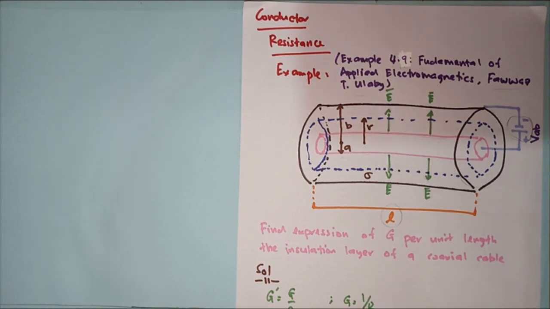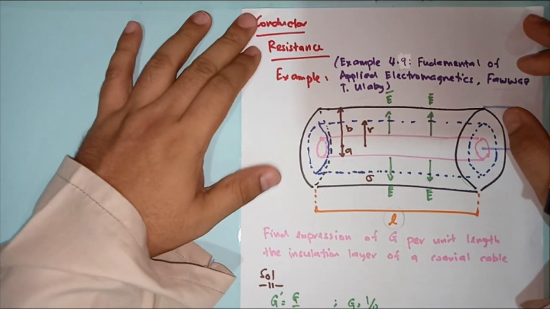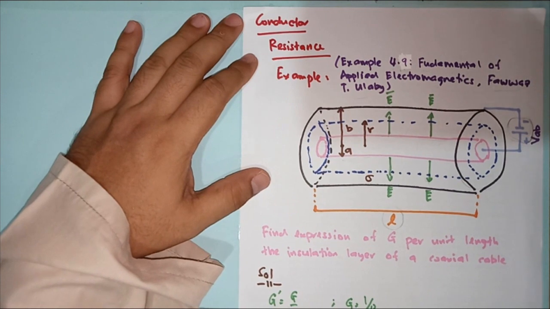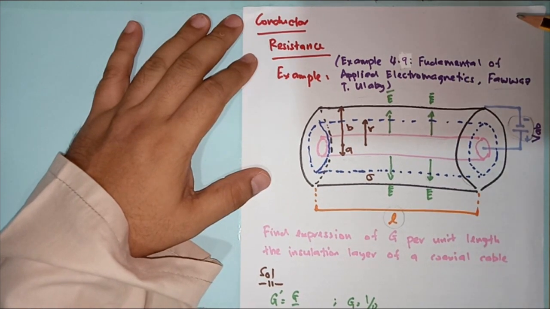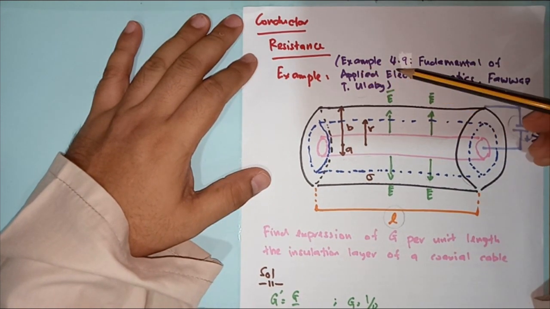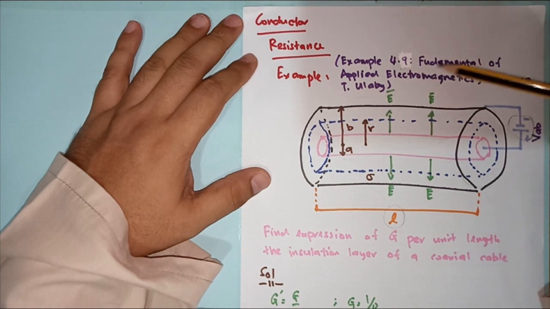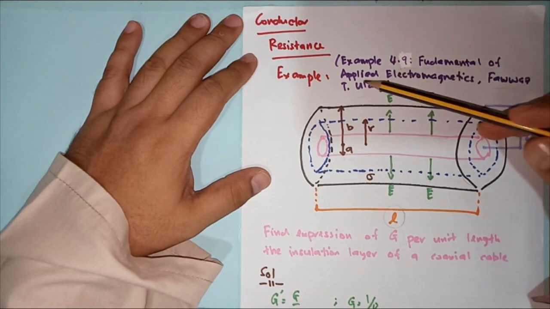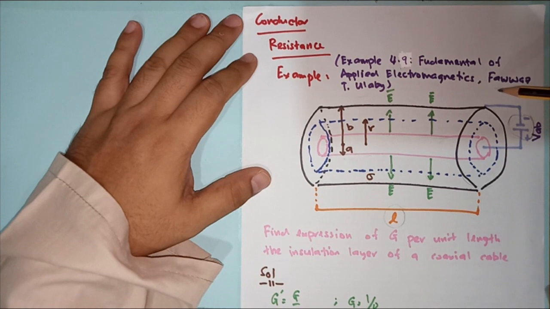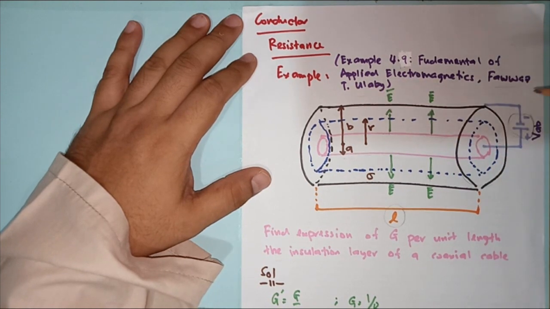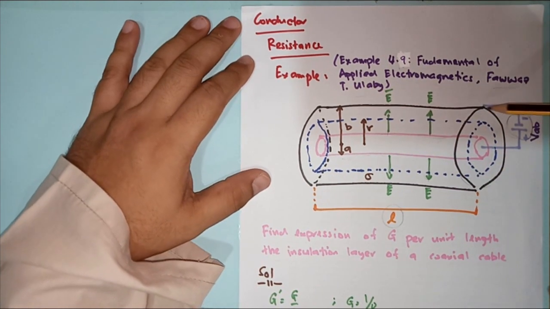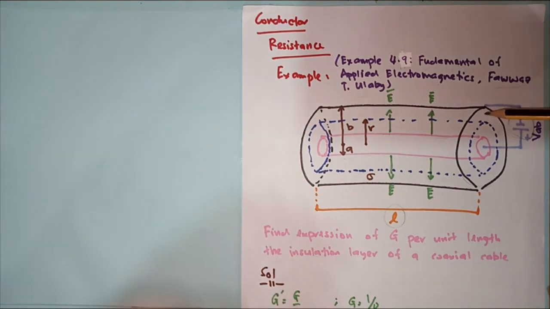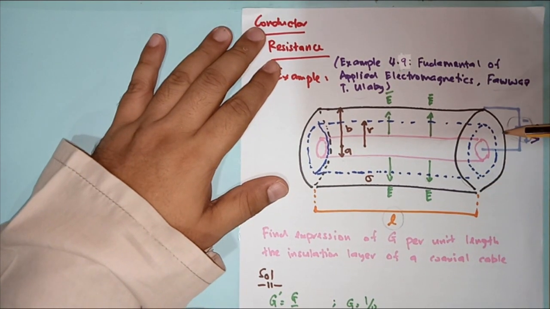Alright, in order to understand the topic of resistance, let's see this example, taken from Example 4.9 of the book Fundamentals of Applied Electromagnetics, written by Fawwaz T. Ulaby. In this example, let's consider a coaxial cable.